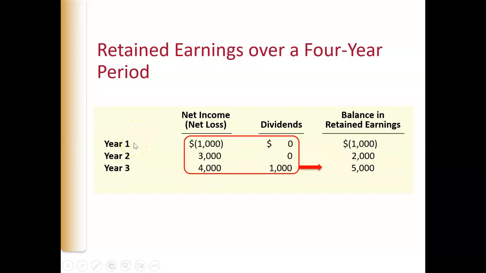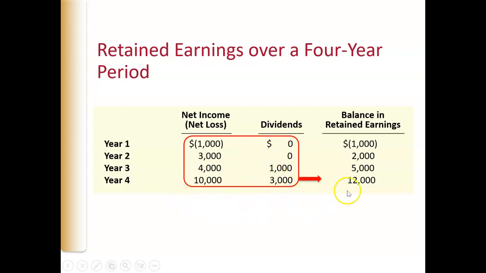Then in year three, if we made 4,000 but we paid in dividends of 1,000, so 4 minus 1 is 3, we'd add that 3 to the previous 2,000 balance to get 5? Yes? No? In year 4, we made a profit of 10,000, but we paid dividends out of 3. So we have a net here of 7. That 7 to this 5 would bring us a balance of 12.